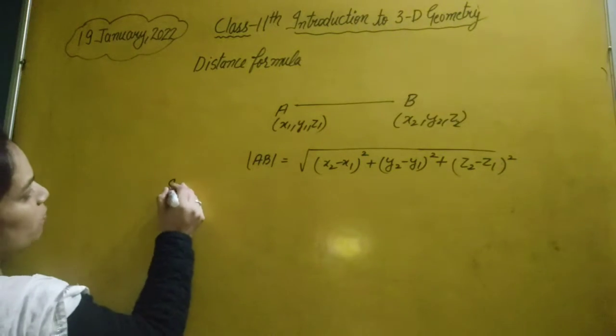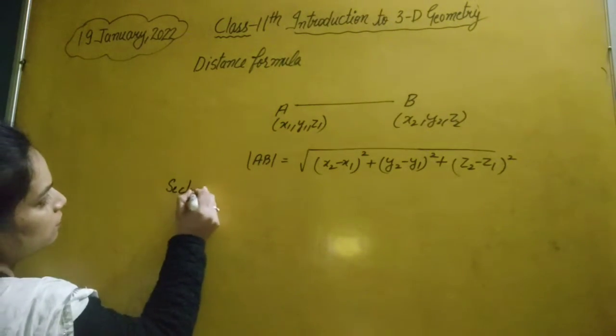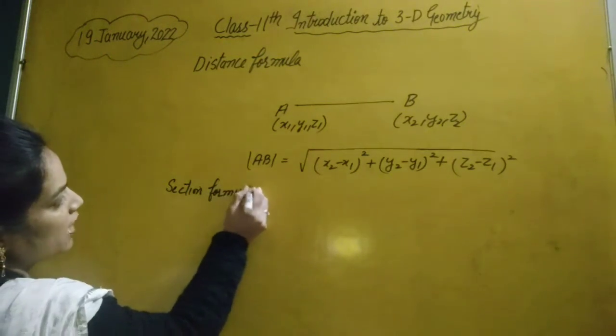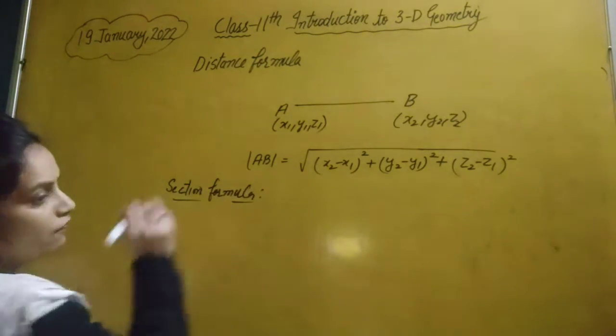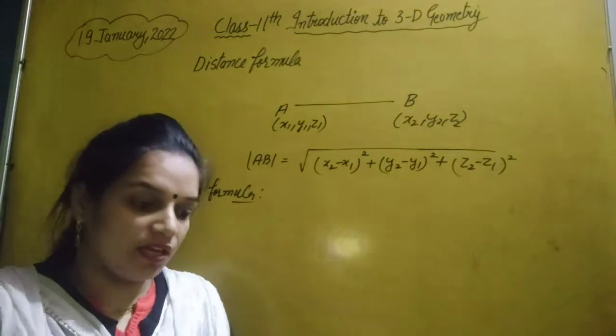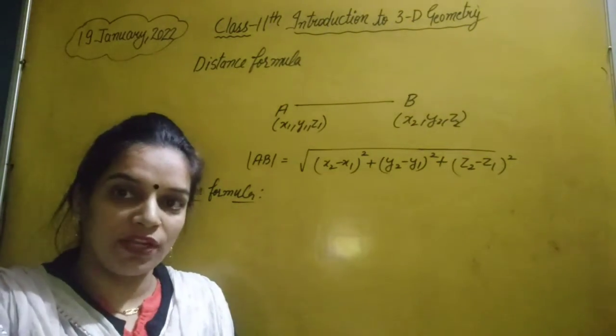Then we have the section formula. With the help of the section formula we can find the coordinates of a point which divides the line joining 2 points.